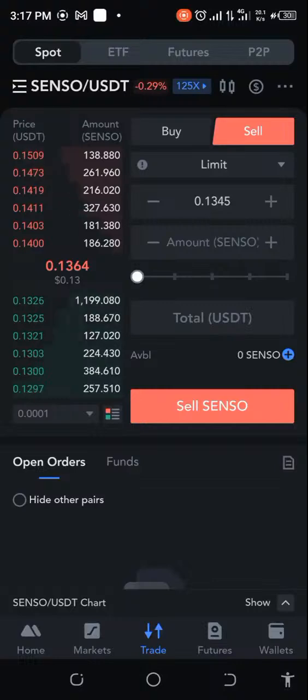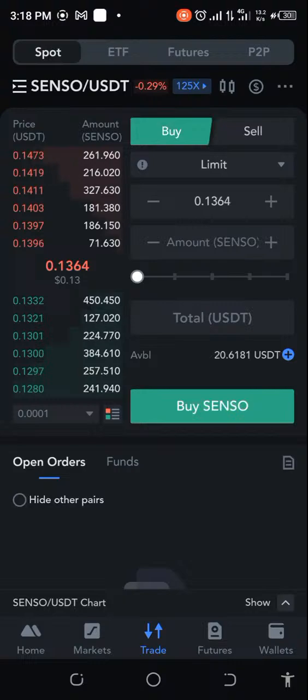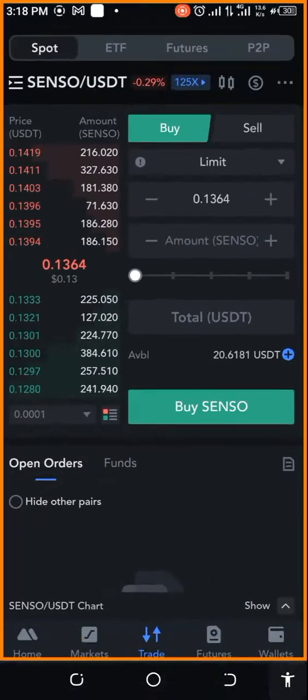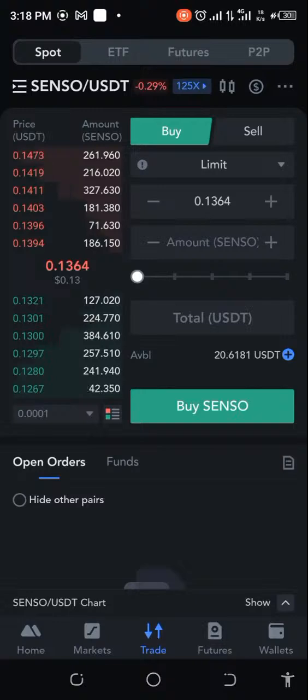All right, I'm back and it has already sold to USDT. Yes. Senso USDT is already sold. As you can see, Senso has been sold to USDT. I'm so happy. And what do we have here? Yeah. We've got 20.61, just like we said, right? Just like we said. And this trade wasn't that long, really.